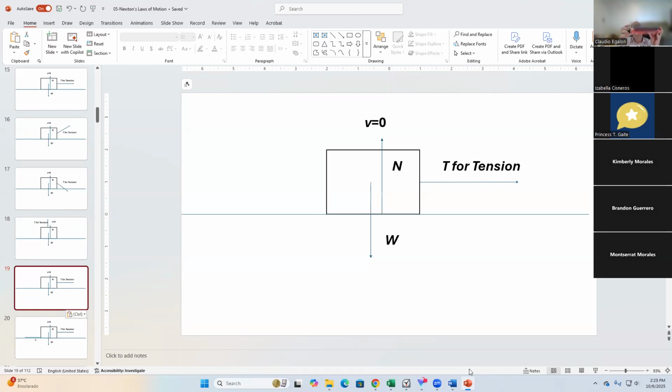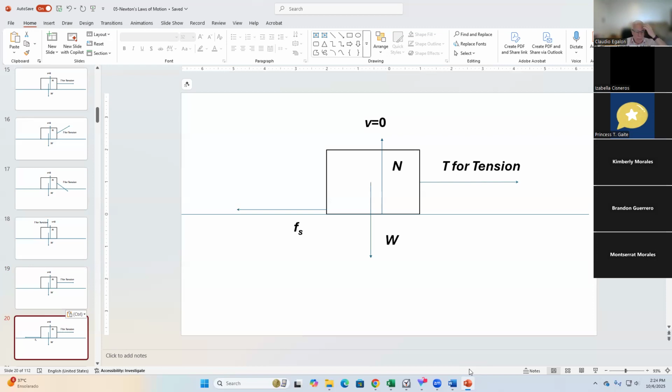But if I now apply a horizontal force, it can be a string that I stretch, and my cell phone doesn't move, it means that there is another force countering this contact force of mine. And this other force, if I don't say anything else, must be the force of friction.